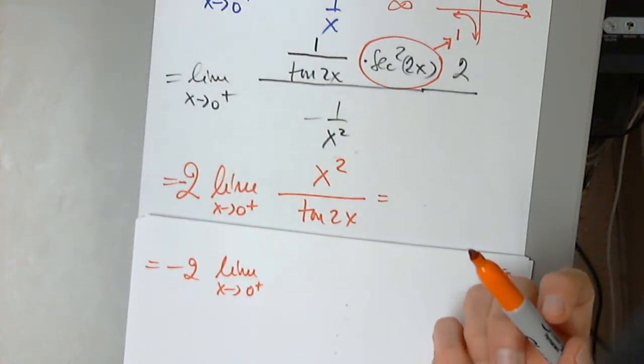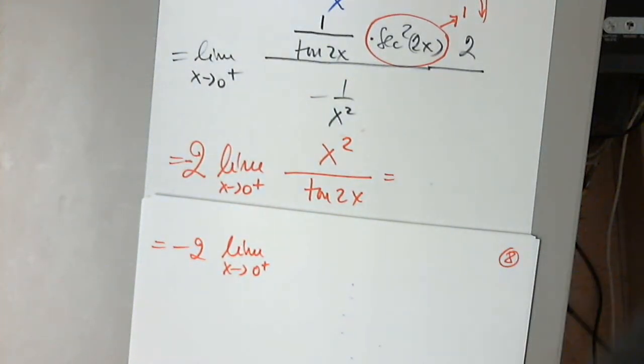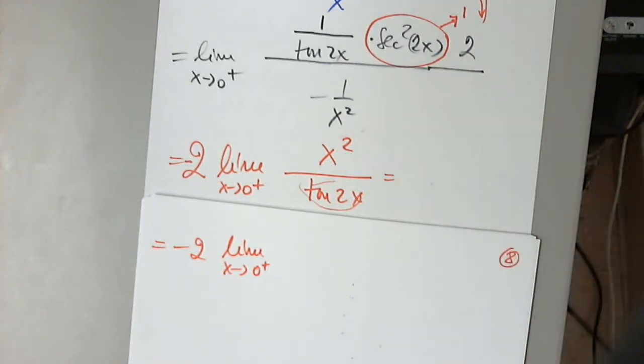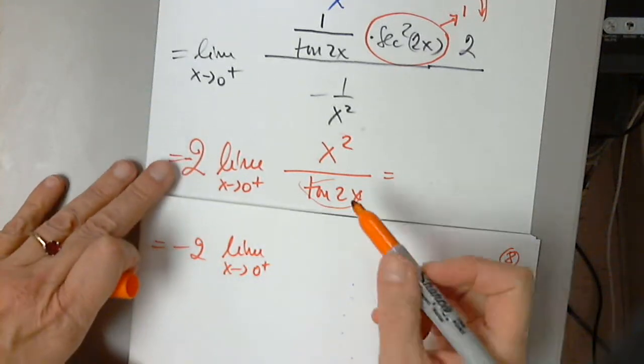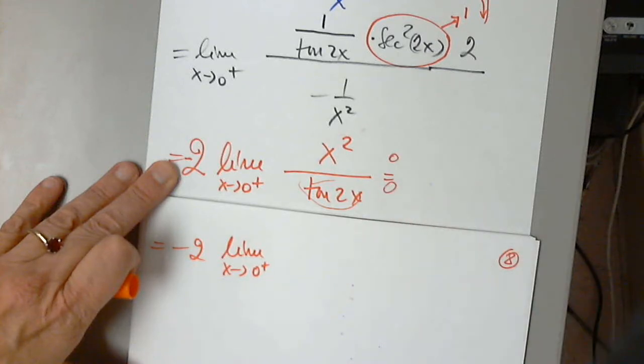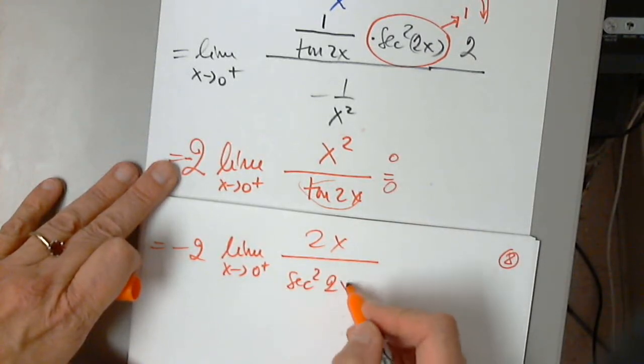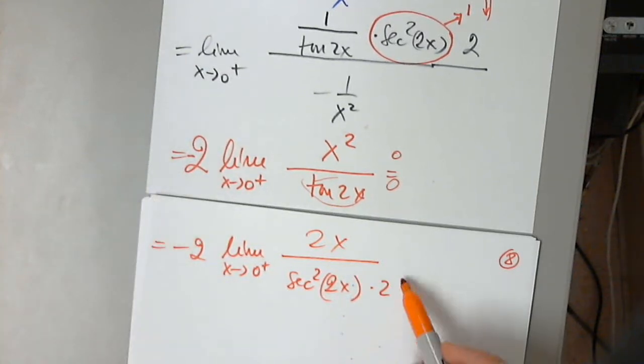Or we continue differentiating. But remember what happens. If I differentiate this, I get secant squared, which is fine. I can. It's just secant squared. That's fine. So it's 0 over 0. We can do that. So this is 2x over secant squared of 2x times 2. That's fine.